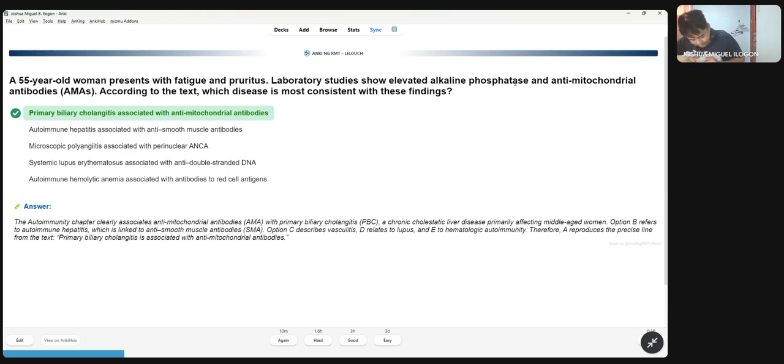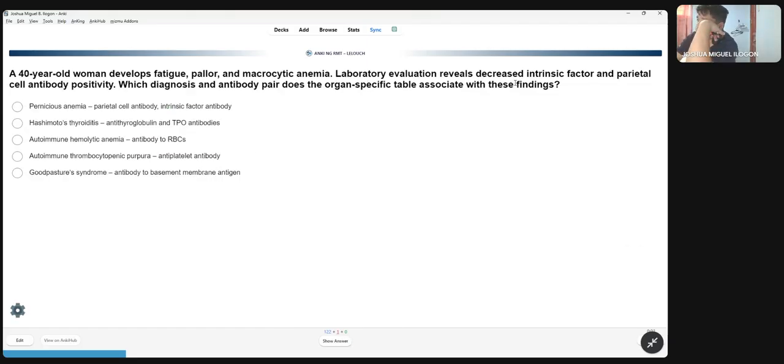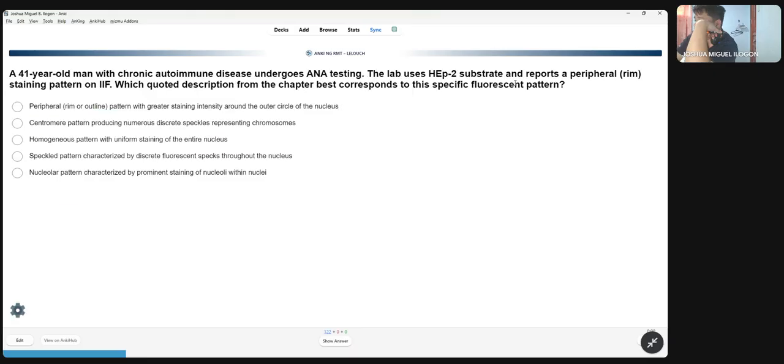Serum alkaline phosphatase level elevated at least 1.5 times, liver damage by destruction of cholangiocytes. Alright. Macrocytic anemia, that's your pernicious anemia, parietal cell, intrinsic factor. Affected organ is your stomach.